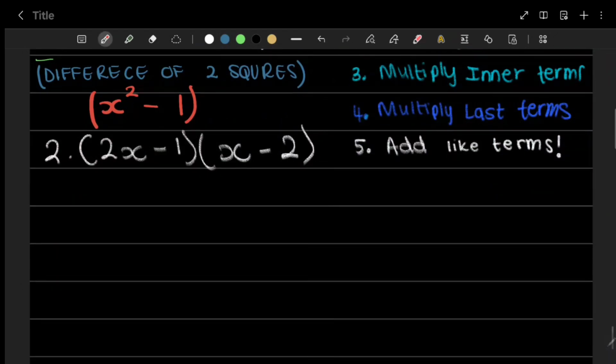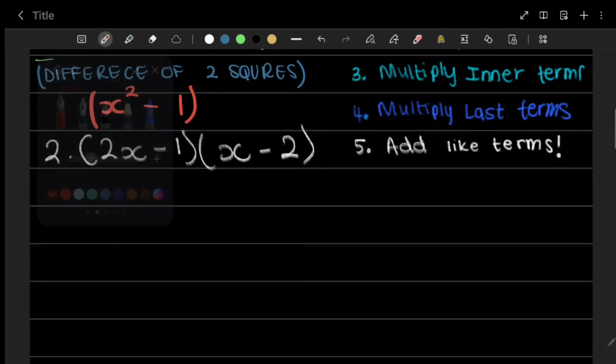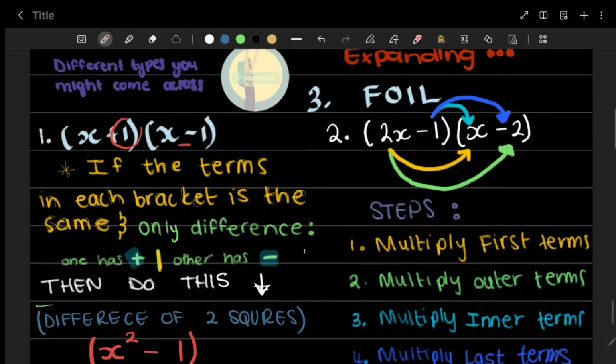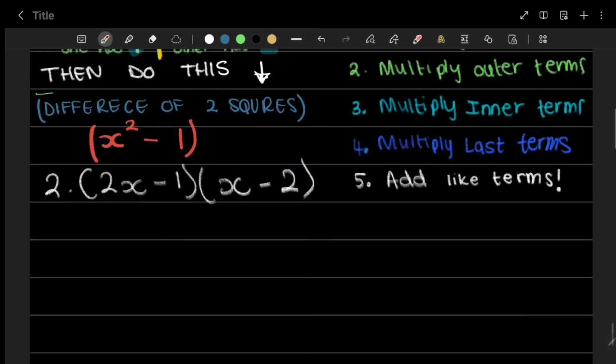Over here, we've got the same expression that was over here, but let's just do it together. So the first terms will give us 2x squared. The outer terms will give us minus 4x. The inner terms, multiplied, give us minus x.